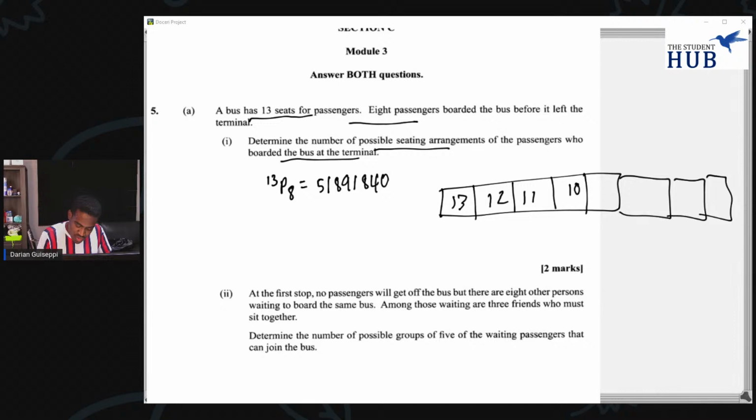This would also give you the same answer. You could just check if this product will give you the same answer. That's another way of thinking about it. You have 8 persons to arrange in 13 seats. You put the first of the 8 in one of the 13 seats, then the remaining 7 into the remaining 12, and you just decrease as you go along until you reach 6 here, and that should also give you the answer.